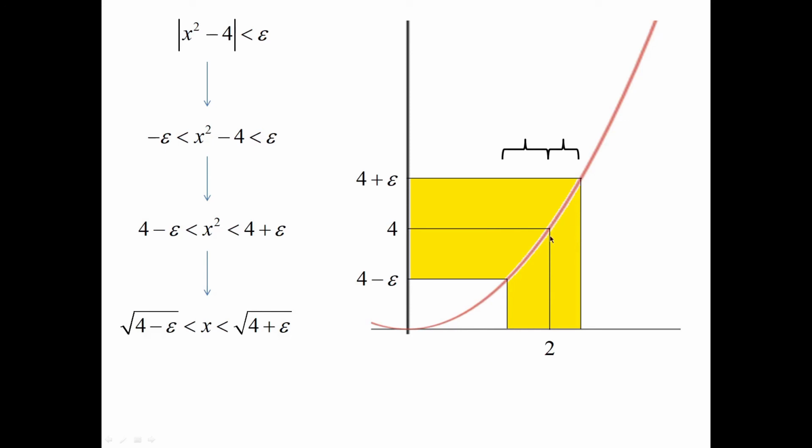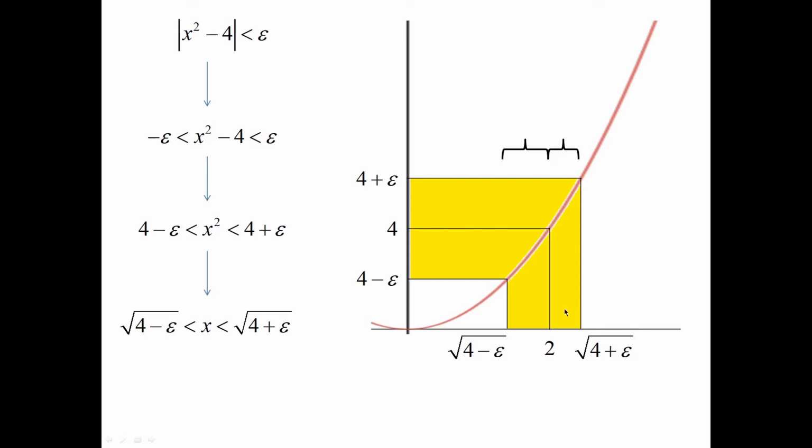And then we want to check these distances. From the center point, we want to see which is closer, the right side of the yellow or this left side. And we just figured out what those sides are. We figured out that this left side is at square root of 4 minus epsilon, and the right over here.